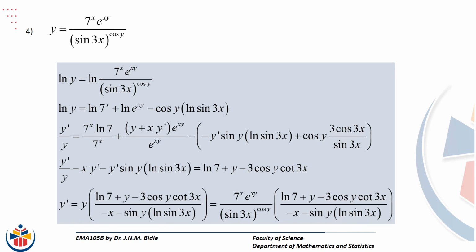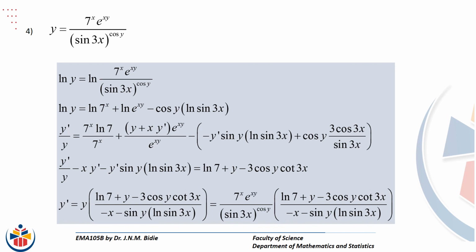I'm hoping you still remember that we use the product rule. Minus. Now we come to the product of cos y and ln sine 3x. We start with cos y. The derivative of cos is negative sine, and the derivative of the argument of cos is y prime.